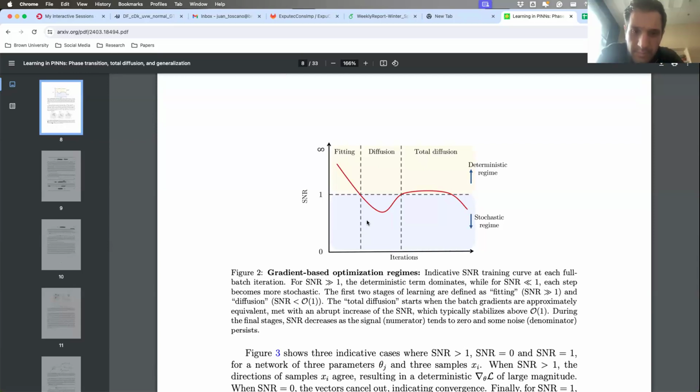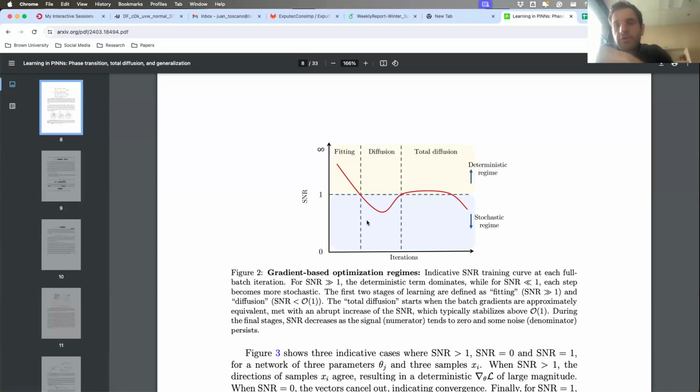But actually, what you were seeing in that plot was total diffusion. The generalization phase is total diffusion. You can have diffusion, but you still have these memory effects, like you said. But total diffusion is where you actually start generalizing, and you see the convergence of the error too.